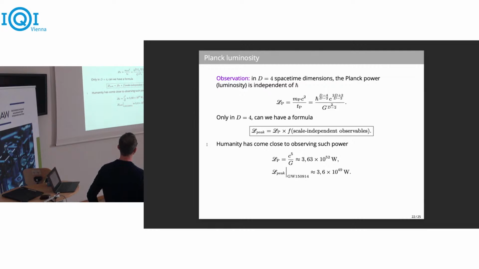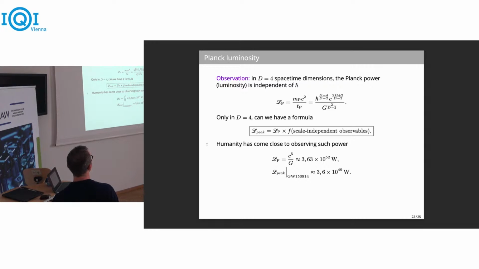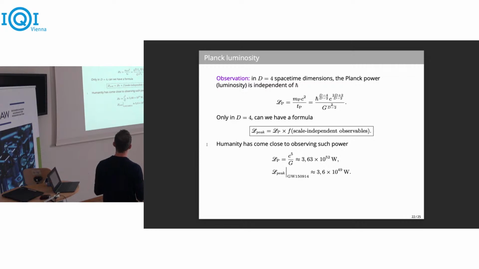In higher dimensions, Planck power vanishes in the h bar to 0 limit. In d equals 4 space-time dimensions, Planck power is independent of h bar.